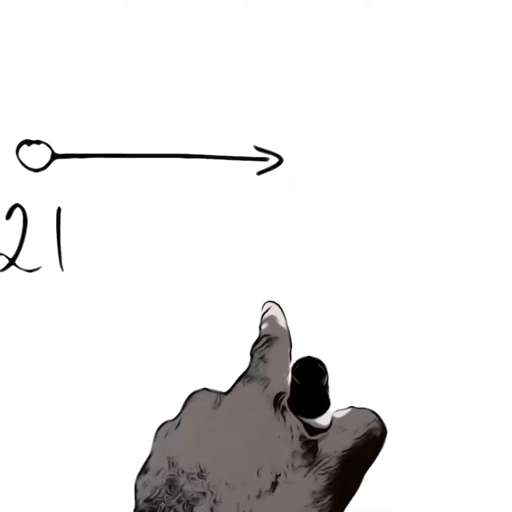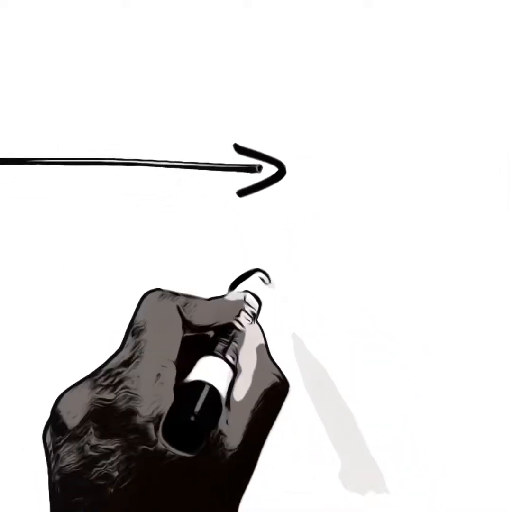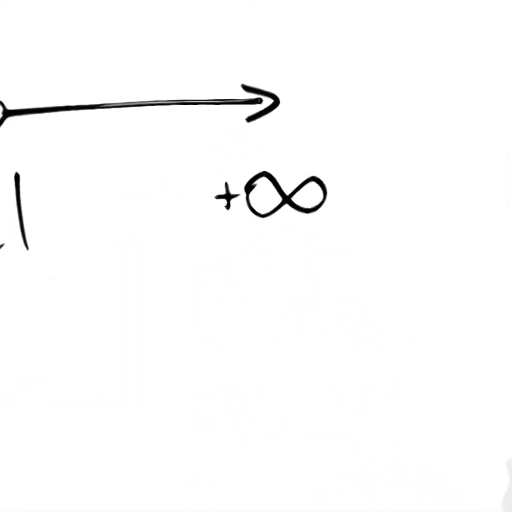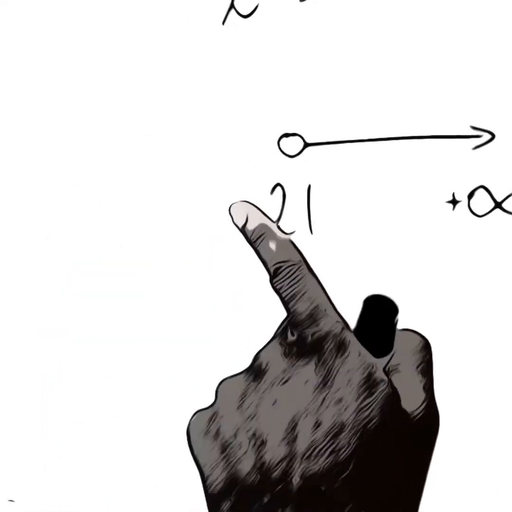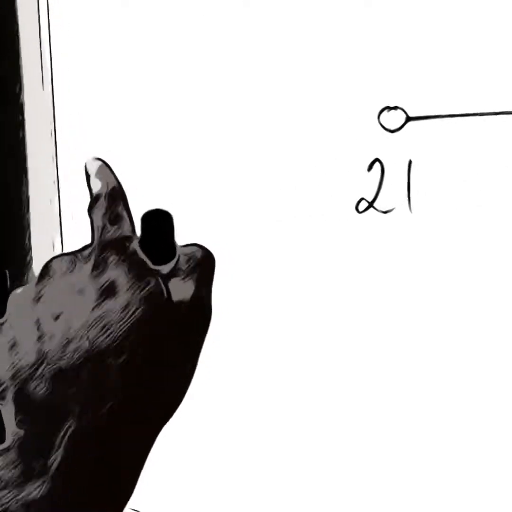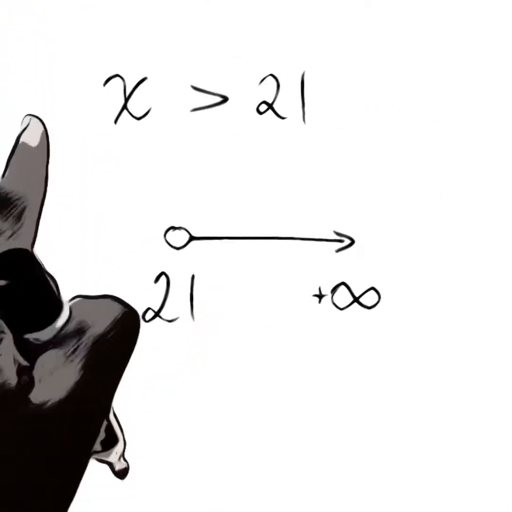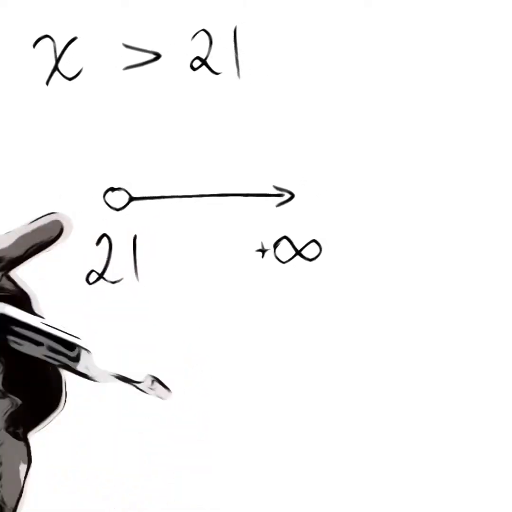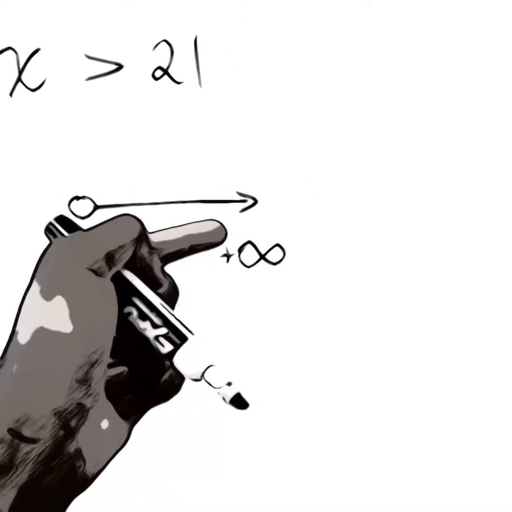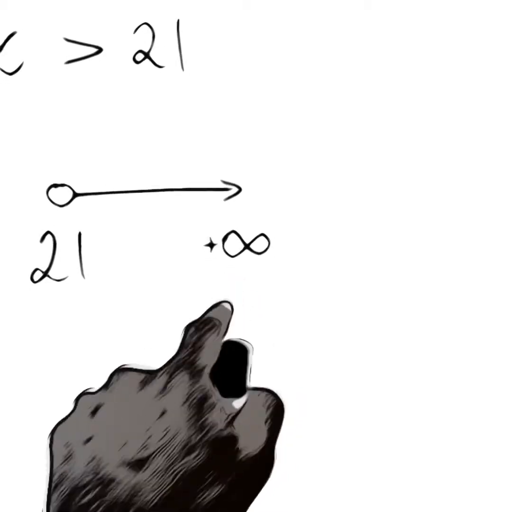Since I'm not stopping, I know that that's a positive infinity. Remember, positive infinity never stops in this direction. Negative infinity never stops in the other direction. So X is greater than 21: open circle on the 21, greater than in that direction, positive infinity because I don't stop.